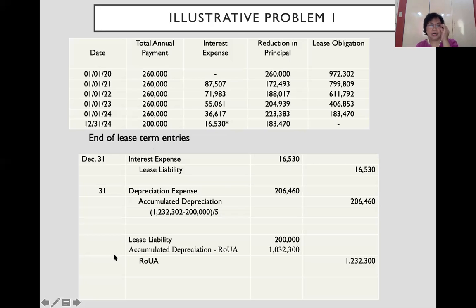Okay, here. Okay, at the end of the lease term, again, you have to update your accrual of interest for the last time. You have to depreciate the asset for the last time. And then you are now returning the asset to the lessor. Therefore, we will derecognize all related lease accounts.